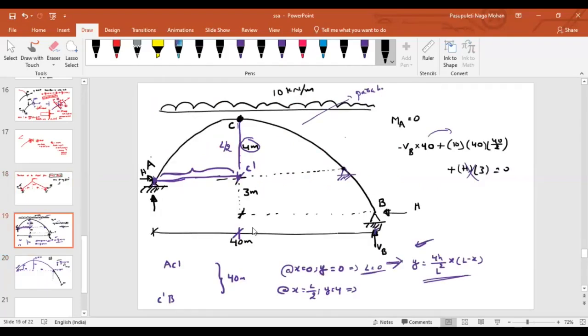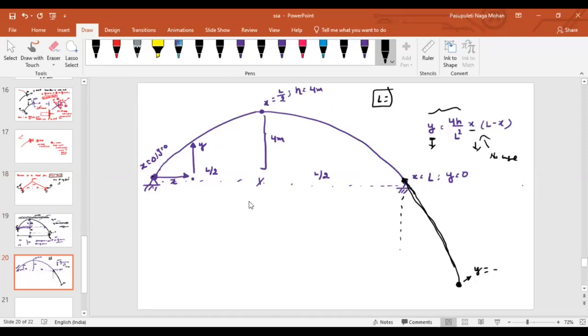From here to here, how much it is far down? -3. Still, can I apply this equation or not? The same much it is continuing. The length is same. Then my y is given as -3. That will be equal to 4 into what will be your rise? Your rise can be treated as 4. Length will be say L square x into L minus x.